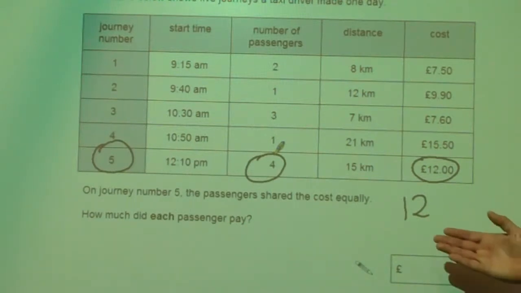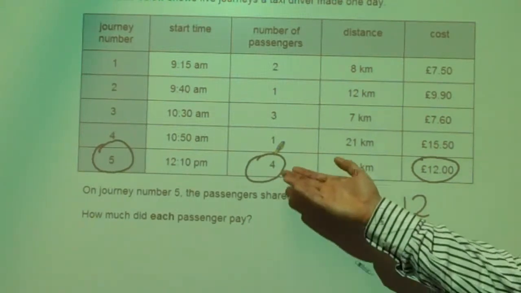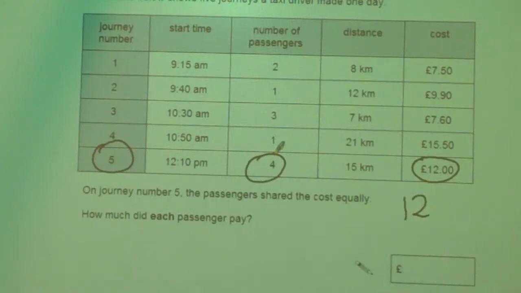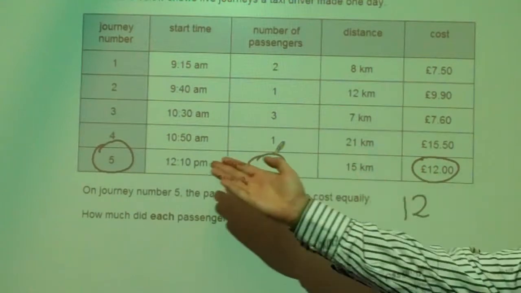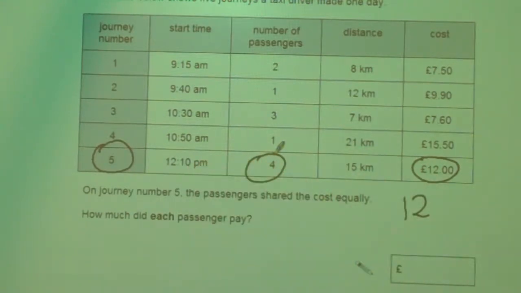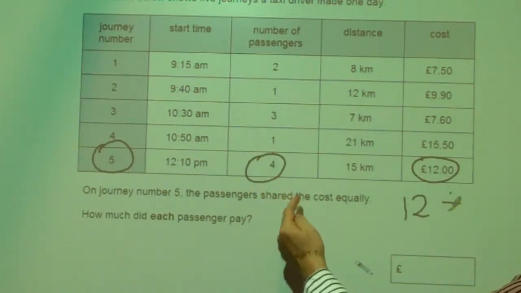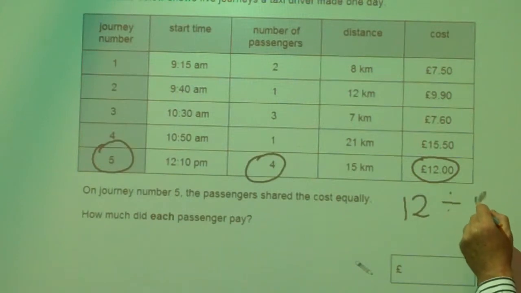Now, if I'm going to share £12 equally amongst 4, I know that we're using a divide there. And what they're looking for in this question is your ability to see this information and know what operation you need to use. So it's a sharing problem. We're finding out how much shared cost there is. So it's 12 divided by 4, and because I know my times tables, 3 times 4 is 12.